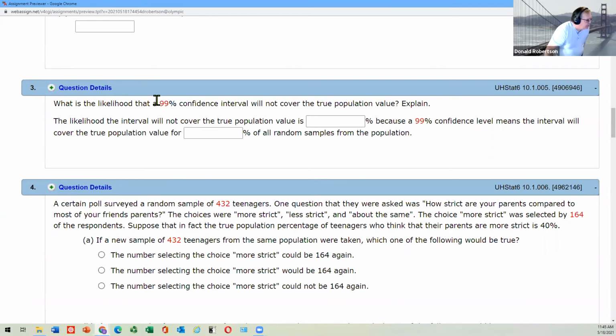Okay, this one is a very simple question. I just had to read it twice. The length of the box distracted me. Suppose you did a 99% confidence interval. The likelihood that the interval will not cover is that 5%? Okay, I can't count. Is that 1%? And third time lucky, 1%. Glad they give me 5 shots.